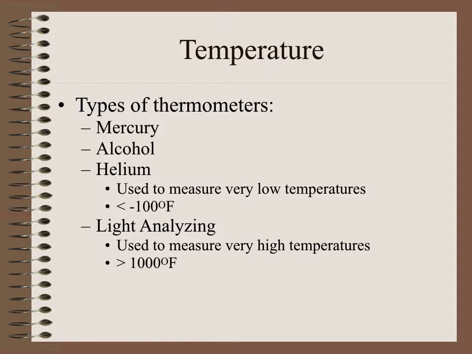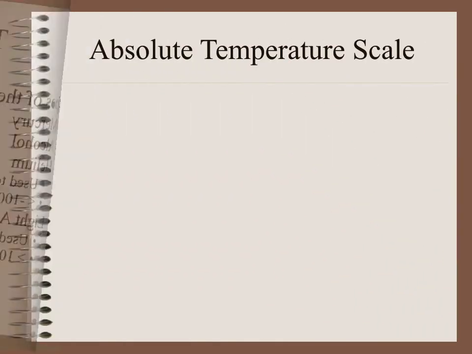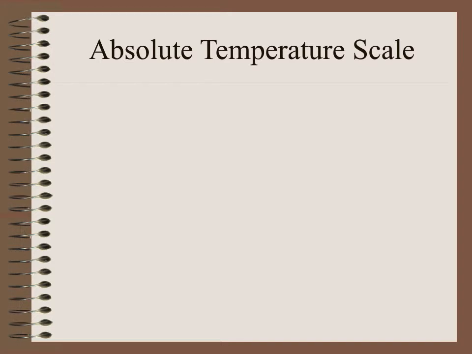Now, we run into a slight problem when we take a look at the temperature scales that are used throughout the world, Celsius and Fahrenheit. And the problem is this. Celsius and Fahrenheit have negative temperatures. And if we go back to our definition for temperature, negative temperature shouldn't make sense.